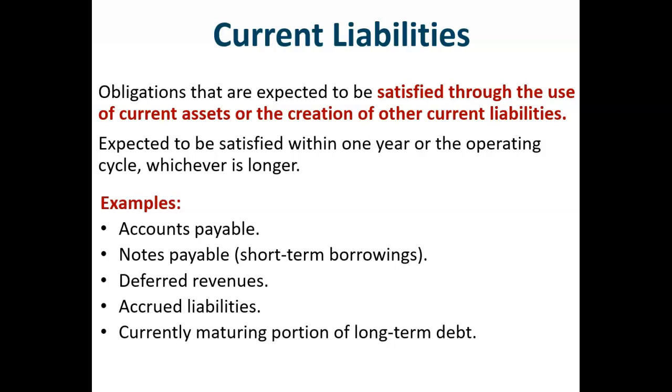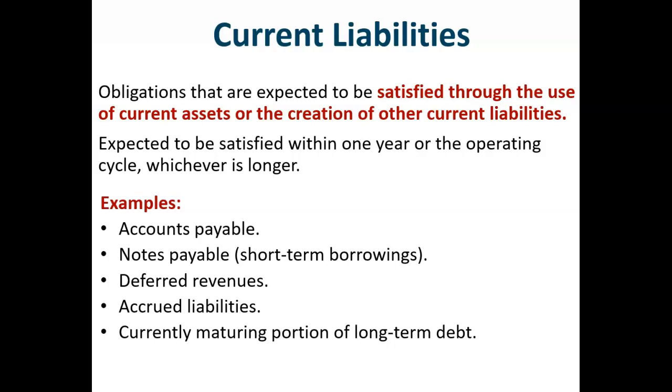An exception for the current liability classification is a liability that management intends to refinance on a long-term basis. For example, if management intends to refinance a 6-month note payable by substituting a 2-year note payable, and the company has the ability to do so, then the 6-month note payable would not be classified as current even though it is due within the coming year.